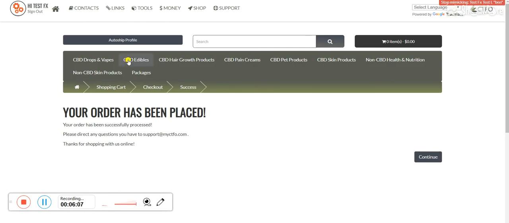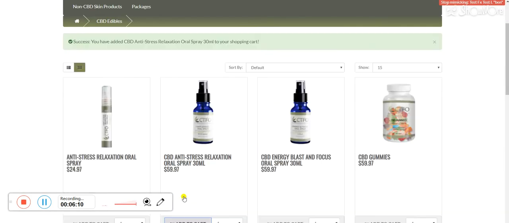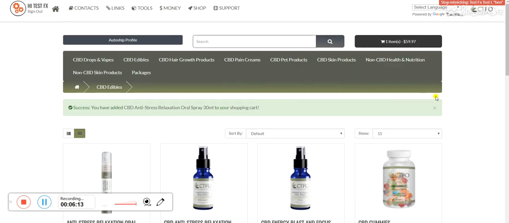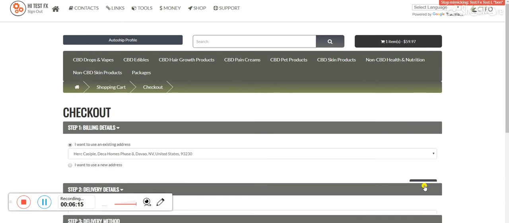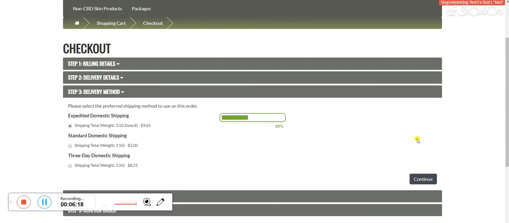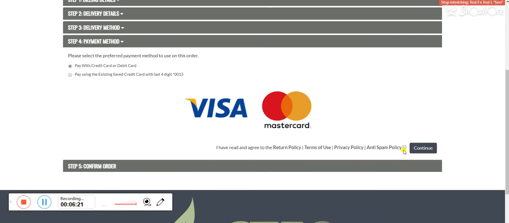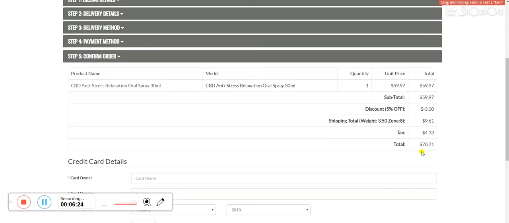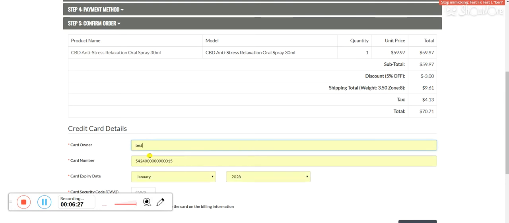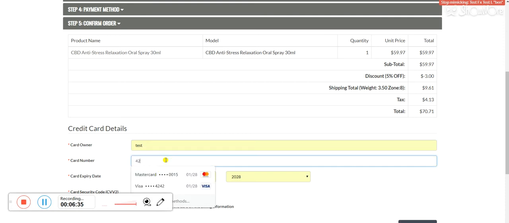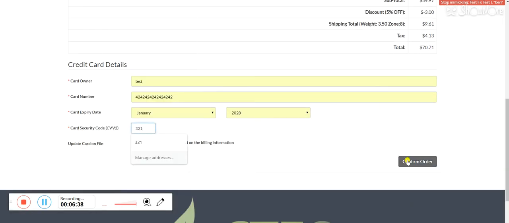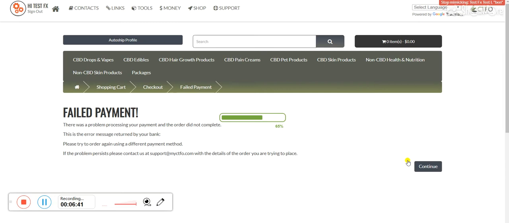Next, let's create the same transaction, but this time let's try and check out with a failed transaction. It's a failed transaction, so only the status would differ on this one.